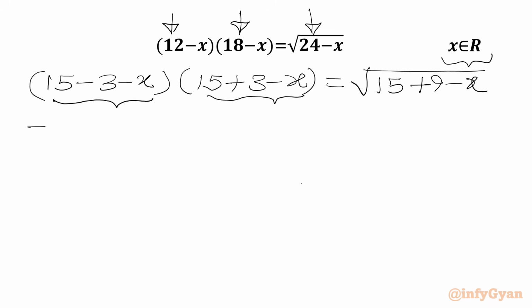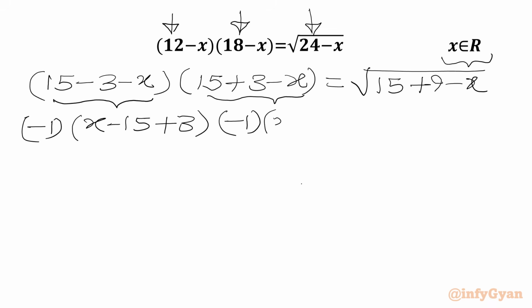So we will write minus 1 times x minus 15 plus 3. Then minus 1 is common. We will write x minus 15 minus 3 equal to square root of 9 minus x minus 15.